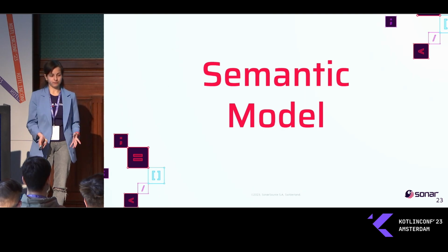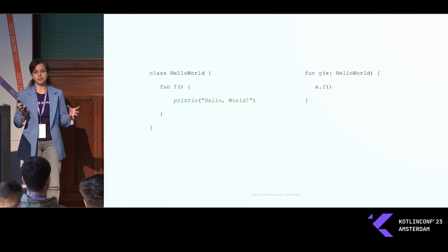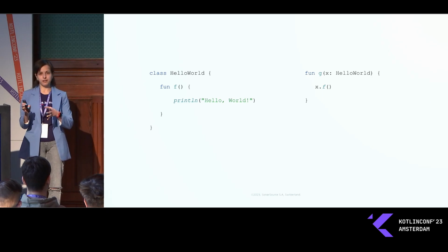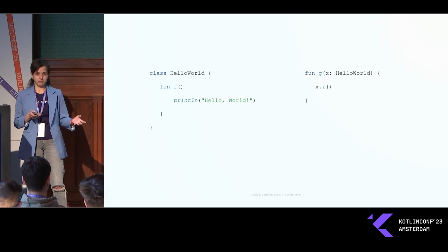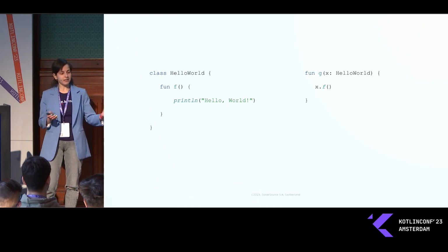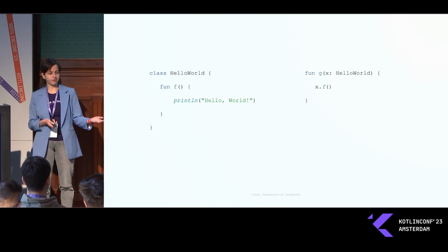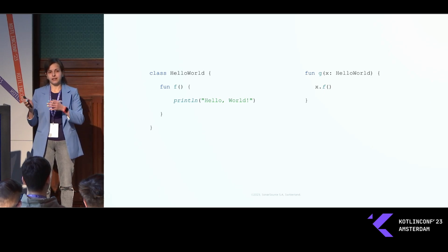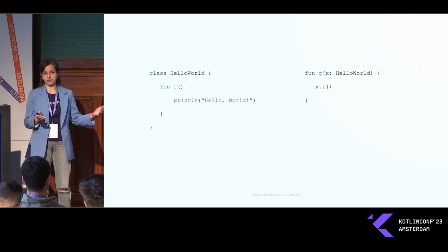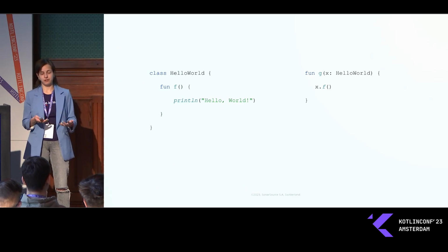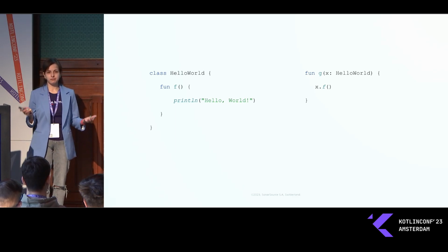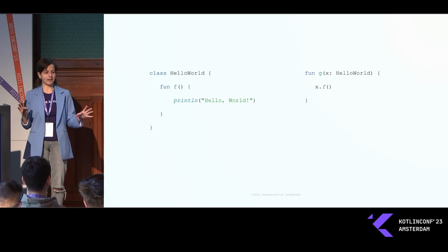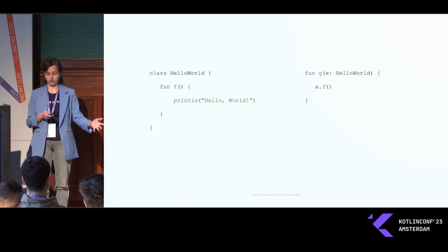So, the semantic model. We talked a little bit about source code into tree and analyzer result. And what is semantic in all this scheme? Let's imagine that you have 2 files. One file is just a class, hello world, with some function, and another file contains another function that uses this class hello world and uses another function. Without semantic, they're just completely different for us, and we have no understanding that this hello world is actually that hello world.